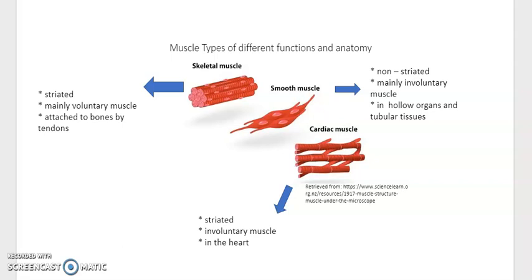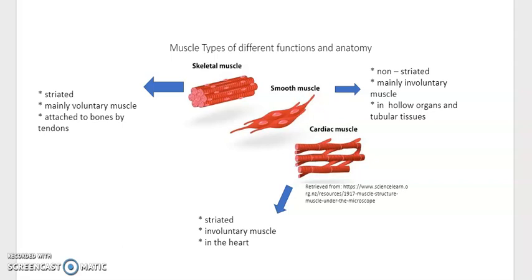So we have skeletal, smooth, and cardiac. I will be mainly reporting on the skeletal and the smooth muscle. We know that skeletal muscle is striated, or has these dark bands when looking under the microscope.